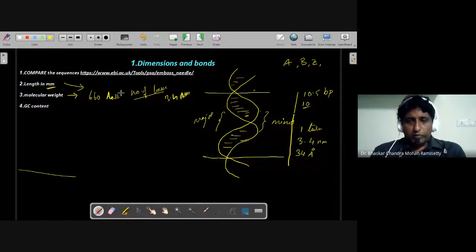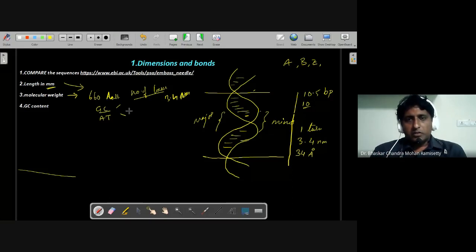If one wants to be very accurate, find out the molecular weight of GC and the molecular weight of AT. Then, using the number of G's and C's and number of A's and T's, the base composition, you can calculate much more accurately.